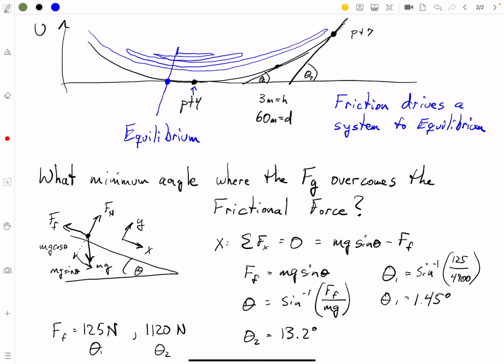And that patently has to be less than this angle. So our theta has to be less than theta 2 so it could stop.